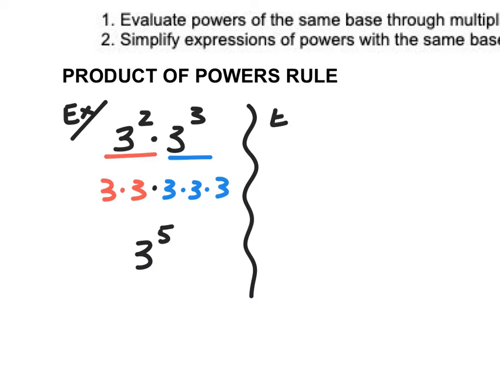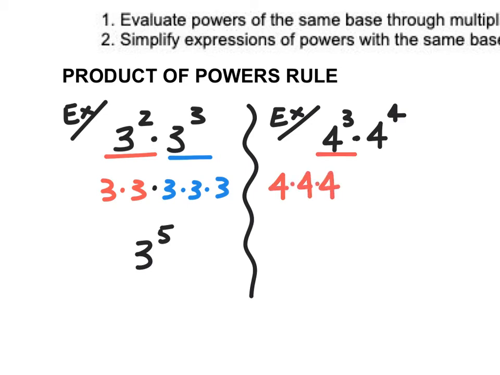Let's say I've got an example here where I've got 4 to the 3rd power times 4 to the 4th power. If I do 4 to the 3rd power, then I'm really doing 4 times 4 times 4, and multiplying each of those.